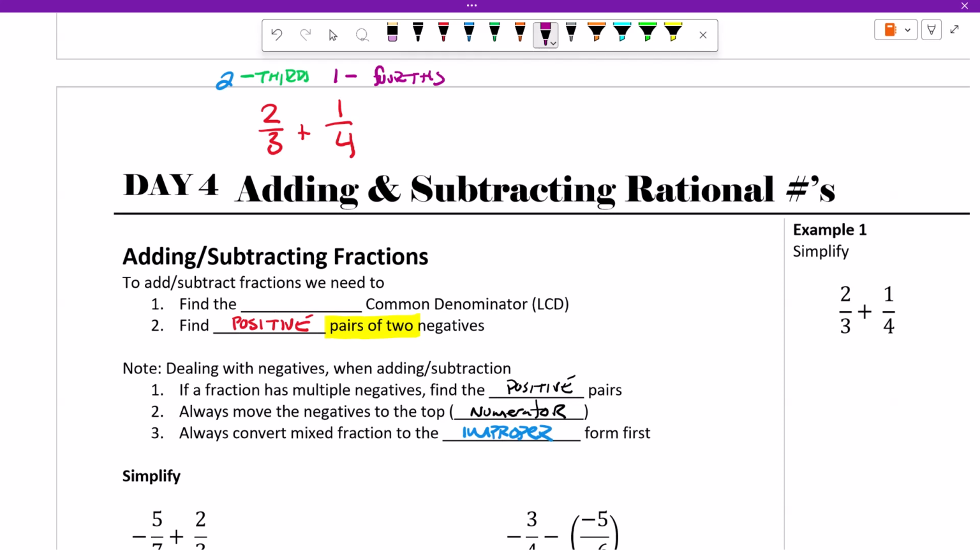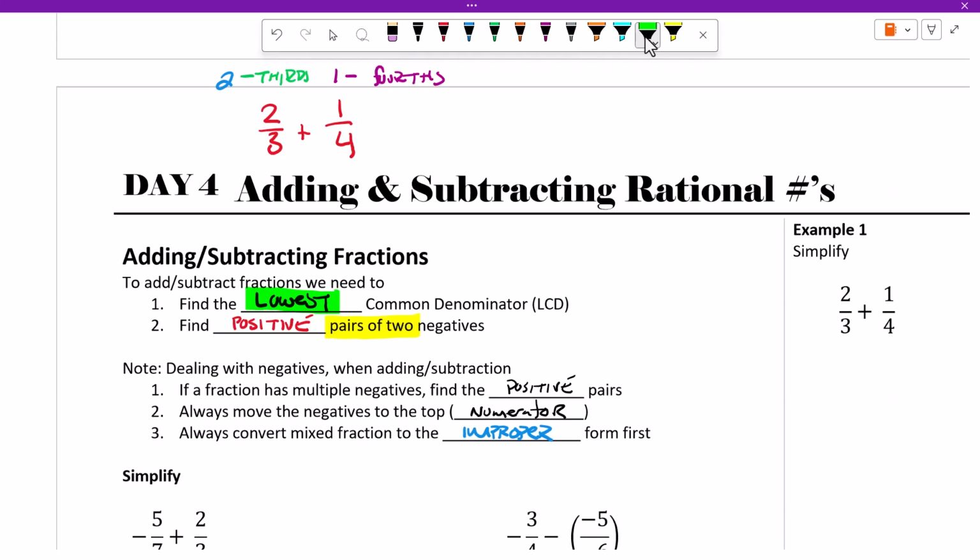So what we do is we find the lowest common denominator. We did this in the very first lesson of this chapter. For this example, I've got a 3 and a 4. What number can 3 and 4 both fit into?